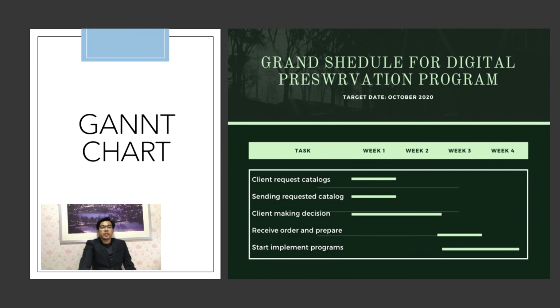In the first and second week, we have the client making a decision, and in the third week, we receive the order and prepare for their digital preservation program. And in the third and fourth week, we start implementing the program.